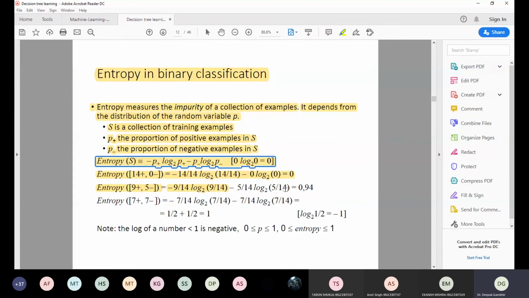If you compute this, you will get 0.94, and the comma written there is actually a decimal point, that is 0.94. Similarly, if you divide the positive and negative examples as 7 plus and 7 minus, equal, the entropy is very high, that is 1. So in this case, there is no information gain.